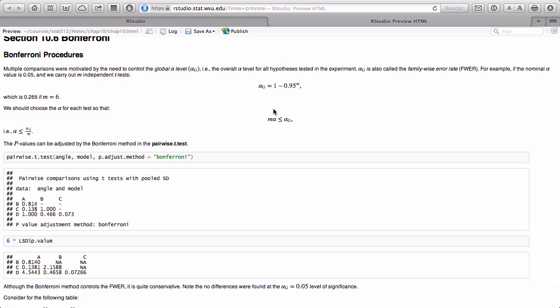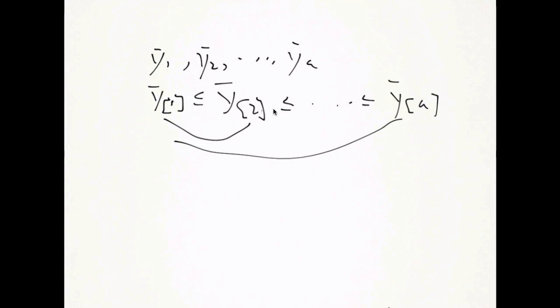Well, it actually comes from the idea that if we have hypotheses H1, H2, up to H sub m, what we're doing is we're looking at the probability that we get at least one false positive. But the way we compute that, instead of V greater than or equal to 1, we typically compute this as 1 minus the probability of V equals 0.